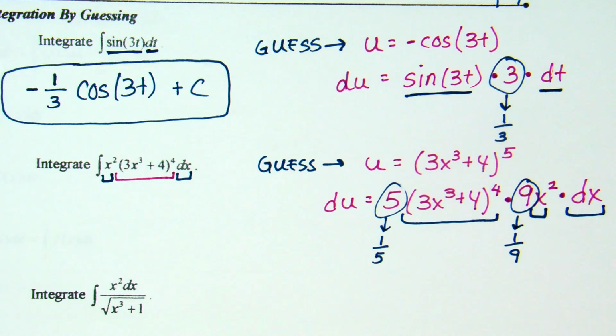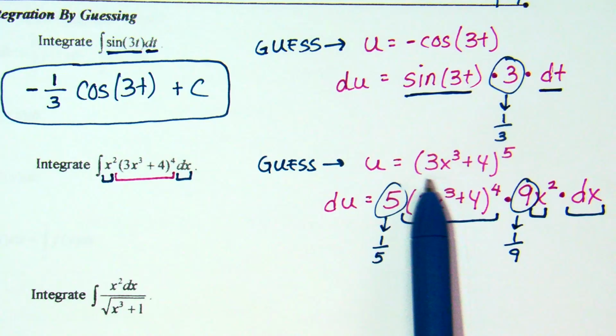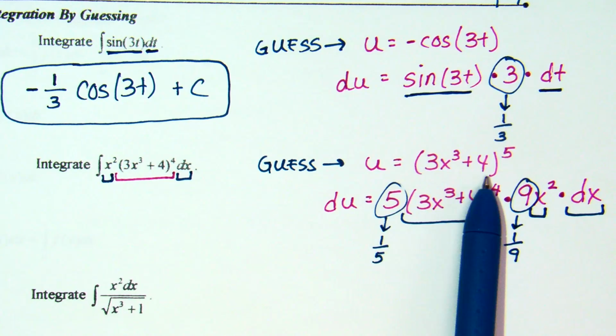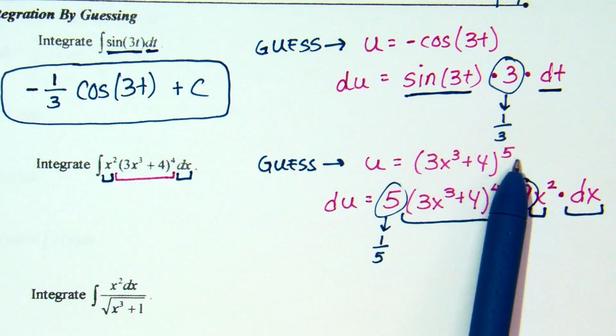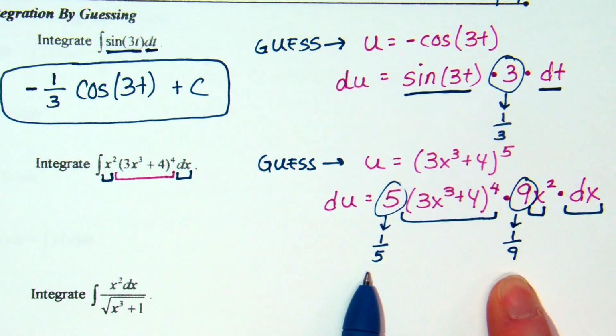Based on the way I did this, my original guess was 3x cubed plus 4 raised to the 5th. I'm going to use that guess and put what out front? 1/45, or 1/5 times 1/9.